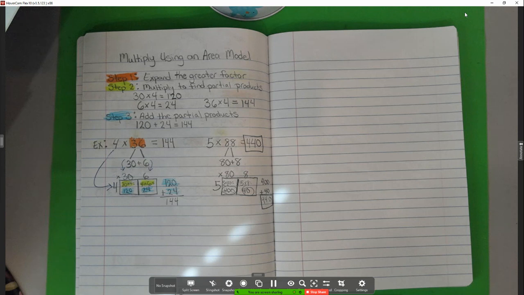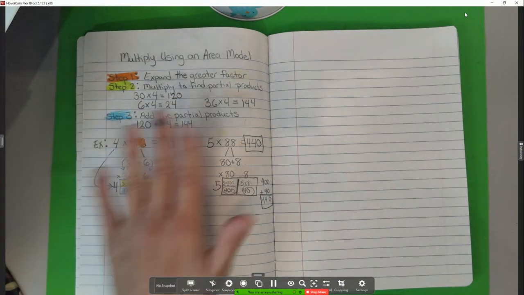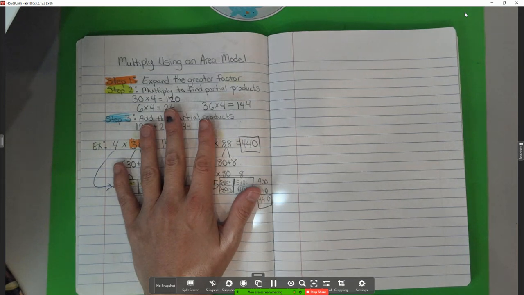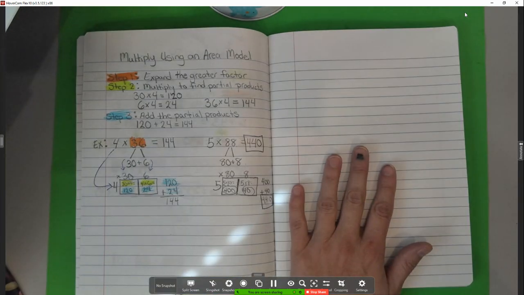Step 3 is add the partial products. Then we worked on some of the examples. If you were absent yesterday, don't stress on page 16 right now. We're going to go to page 17 and do some examples.